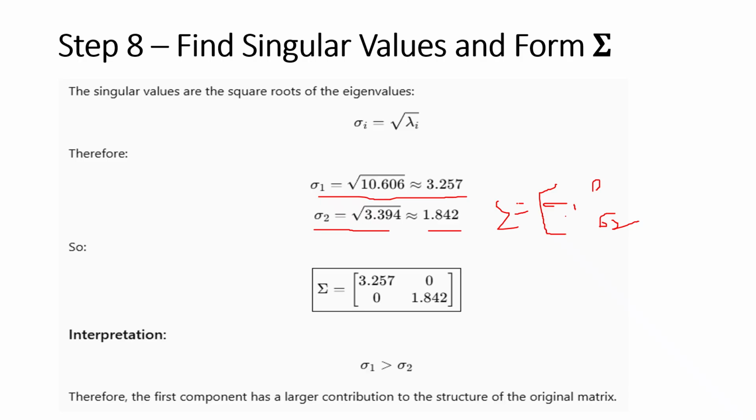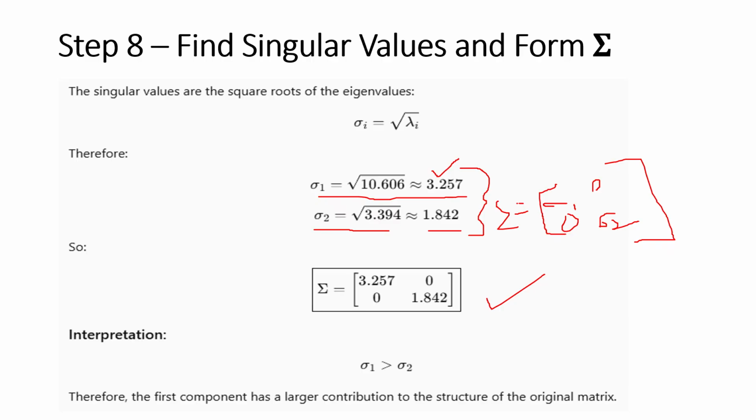When you construct this sigma, or singular value matrix, you have to ensure that sigma 1 has the higher value. Out of the two values that you got, 3.257 has the higher value, right? So that should be written as sigma 1 and 1.842 should be written as sigma 2. So this is how you construct the singular values.